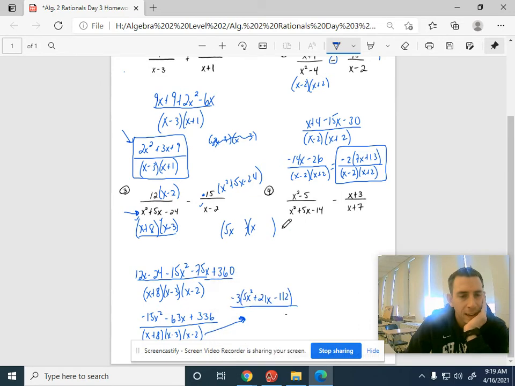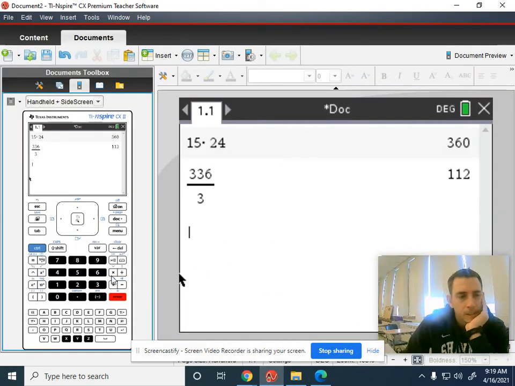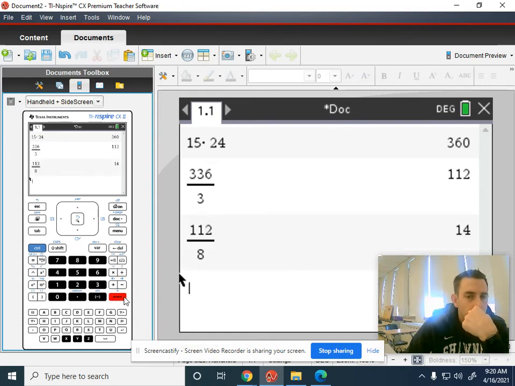So factors of 5 and 112, that can give us, well, let's see. Thinking 8 and 14 might be able to pull that off.